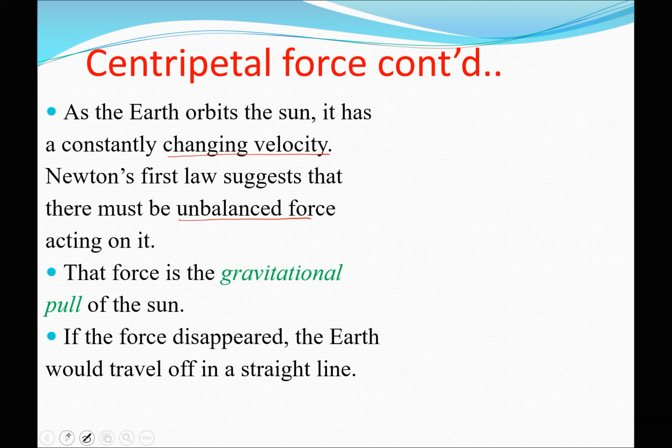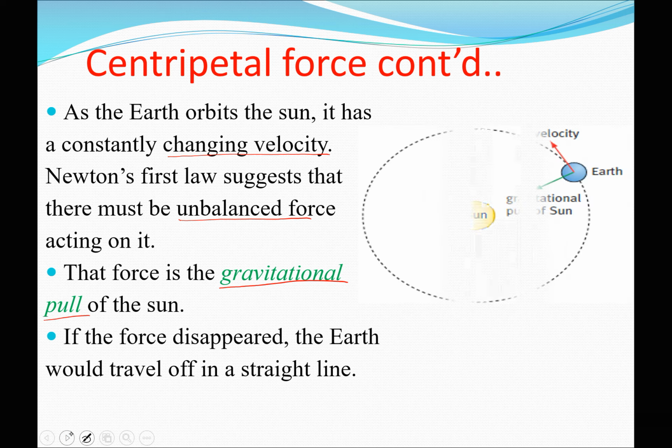In fact, that force is going to be the pull of gravity towards the Sun. So it's like the Sun must be exerting a resultant force onto the Earth. That resultant force is the one keeping the planet, the Earth, to continue orbiting around the Sun.